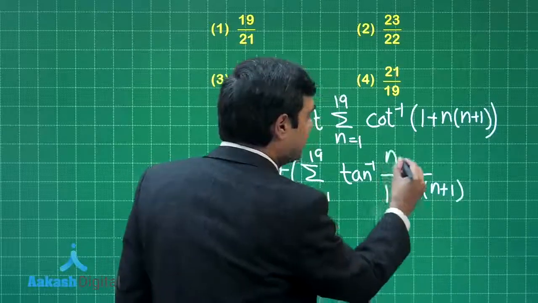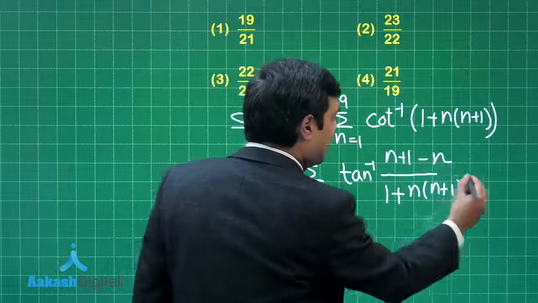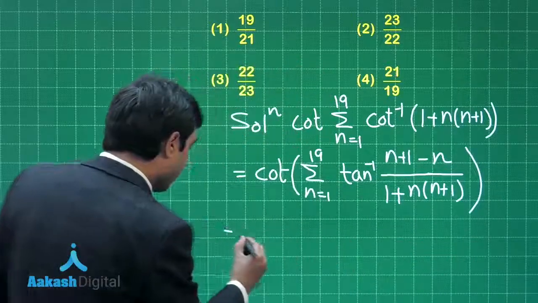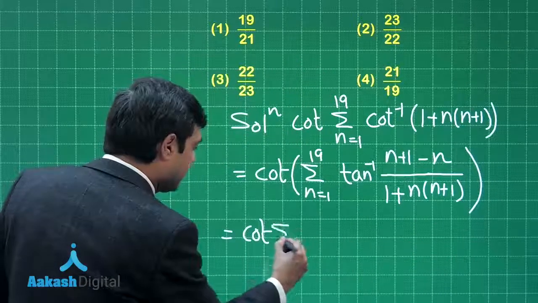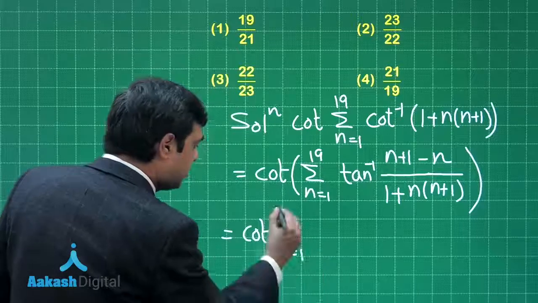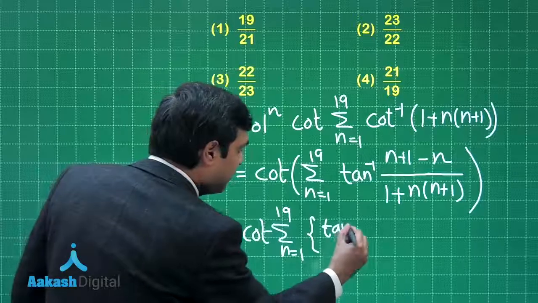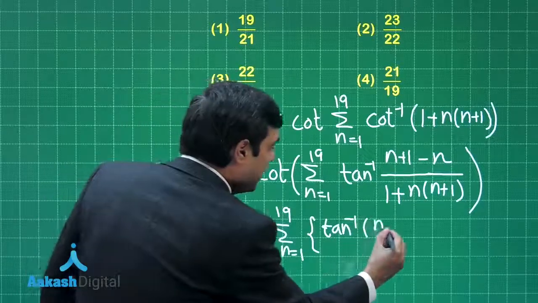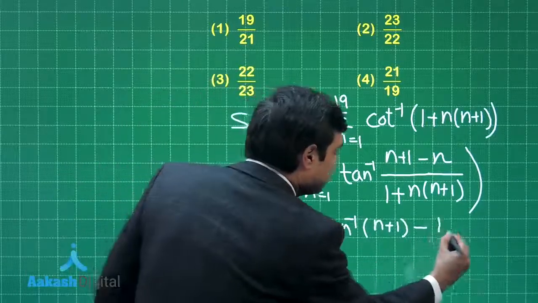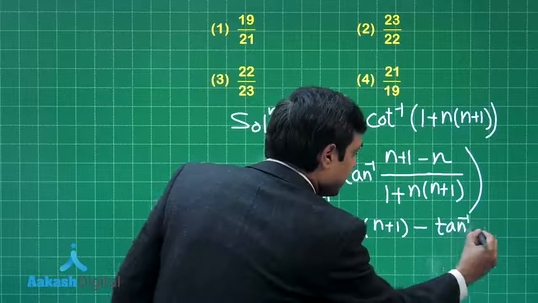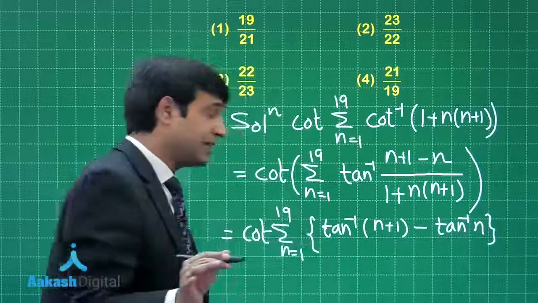So, numerator is n plus 1 minus n, right. So, we have cot summation n equals 1 to 19, then you have simply tan inverse n plus 1 minus tan inverse n. I am sure this part is clear to you.